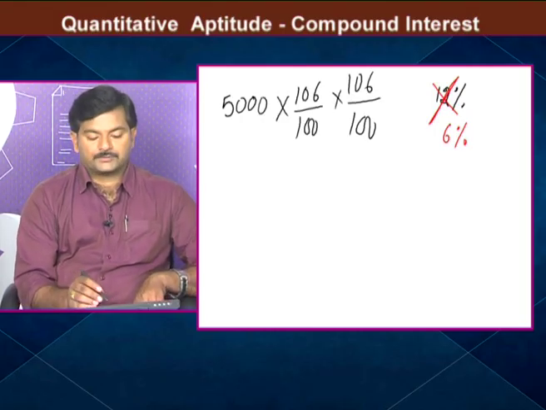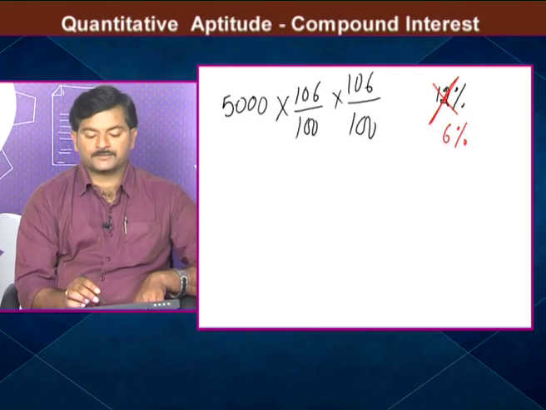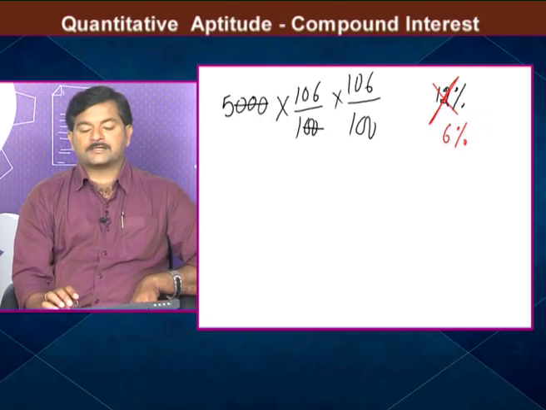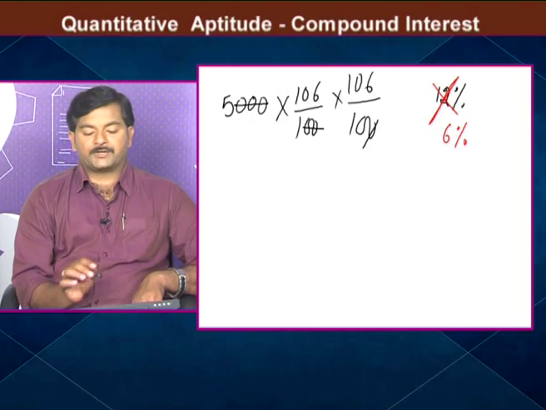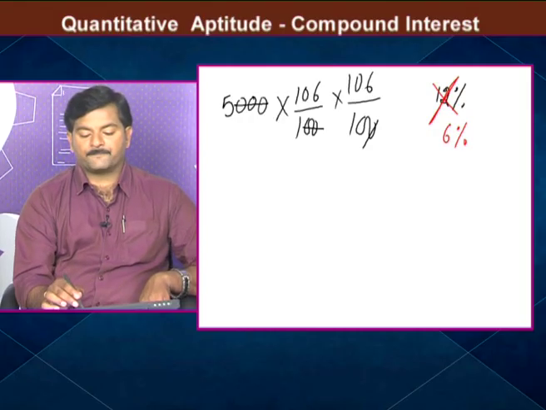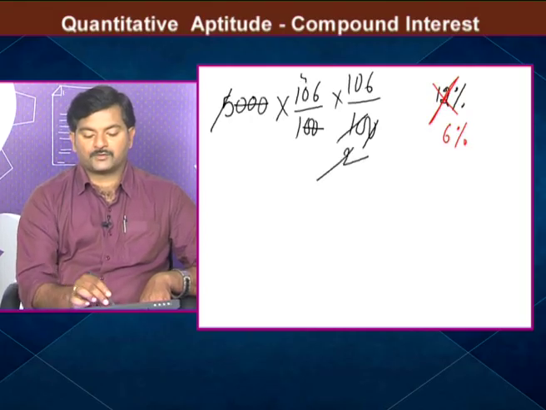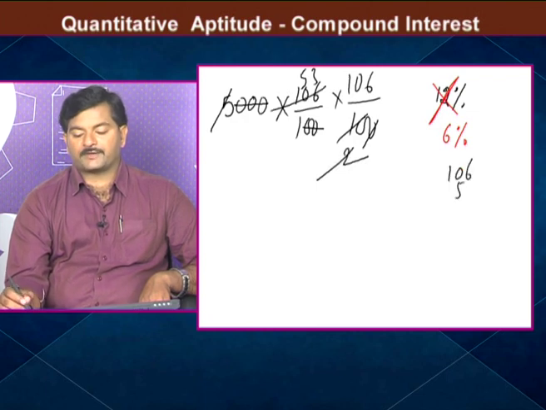Okay, so simplification. For these 3 zeros, these 2 zeros and 1 zero are cancelled. Okay, 106 into 106 into 5, dividing with, 5 ones are 5, 2 twos are, 2 fives are, 2 threes are. So 106 into 53, 18, right?